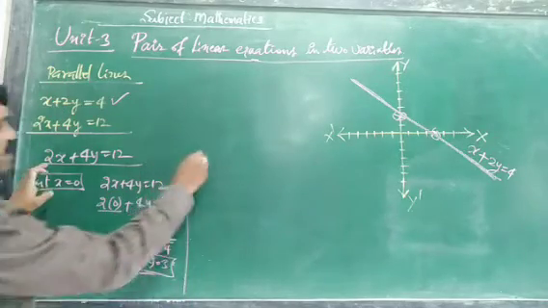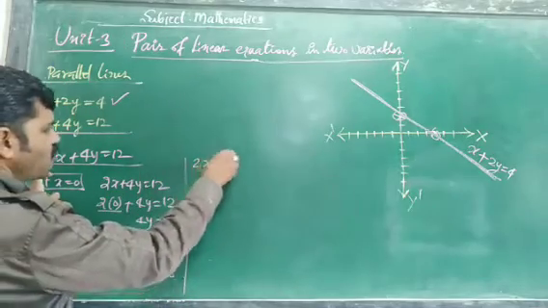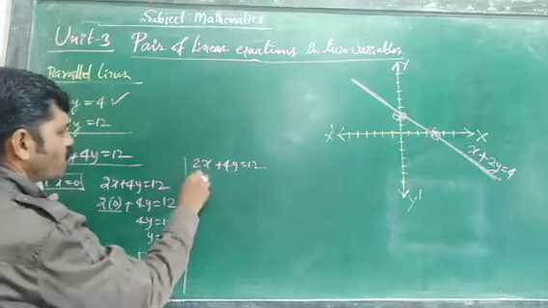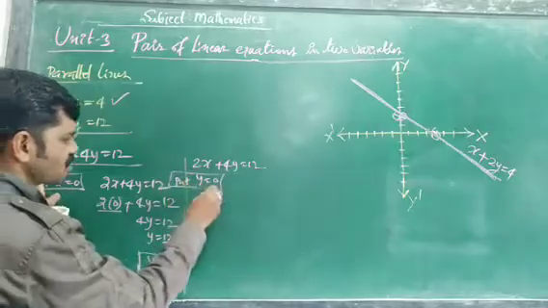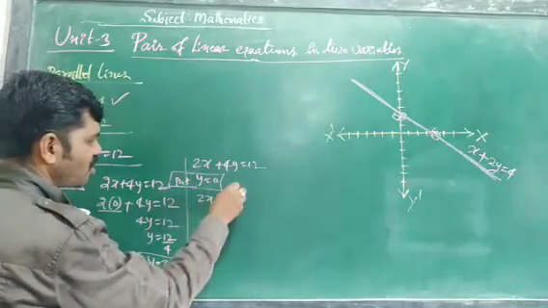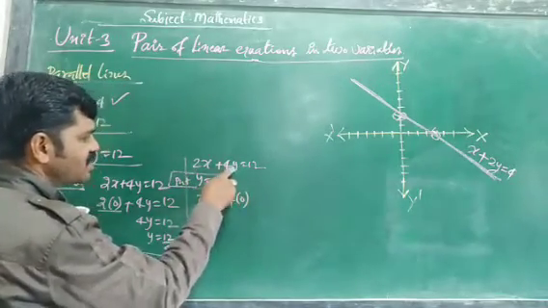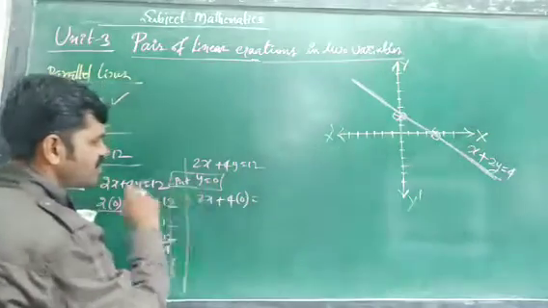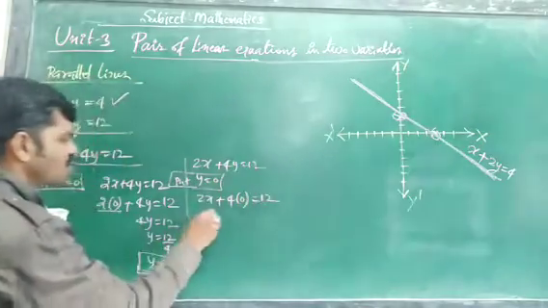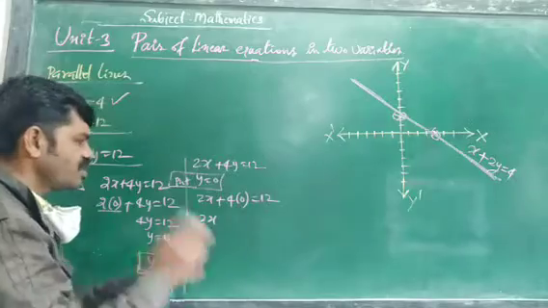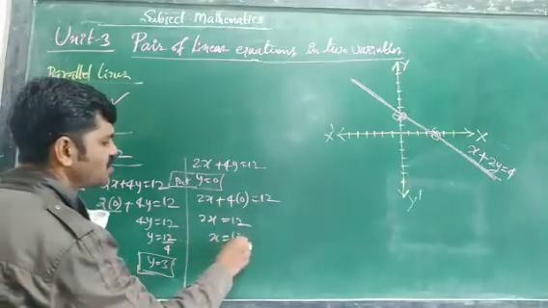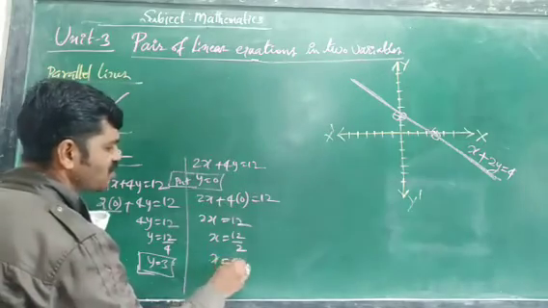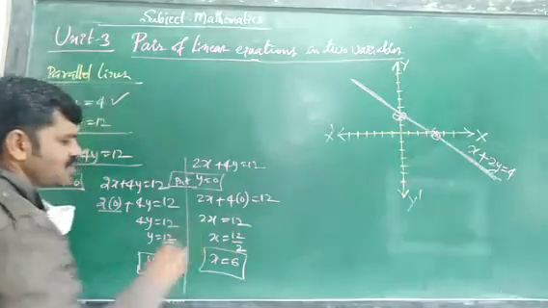So in the same equation, 2x plus 4y is equal to 12, we put y is equal to 0. Instead of y I get 0, because the y value 0 is given, so 4 multiplied by 0 will be 0, so that 2x is equal to 12, x is equal to 12 by 2, so that x is equal to 6. 2 sixes are 12.